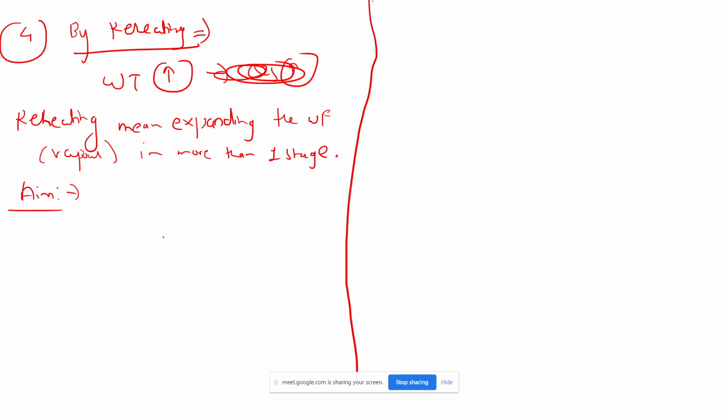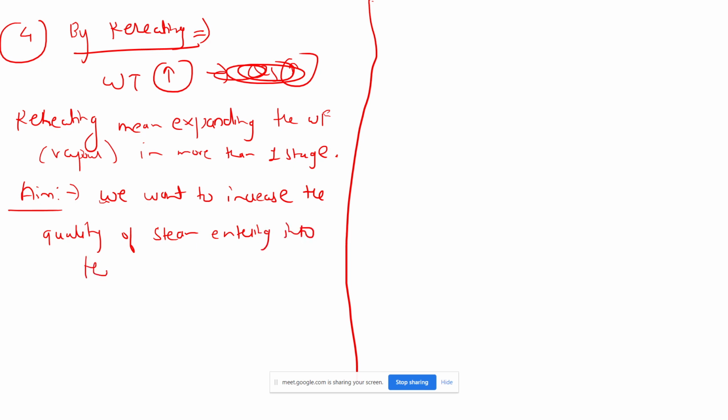Turbine work output, yes, that is one. But actually, by reheating we want to increase the quality of the steam entering the condenser, not the turbine, the steam exiting out of the turbine.